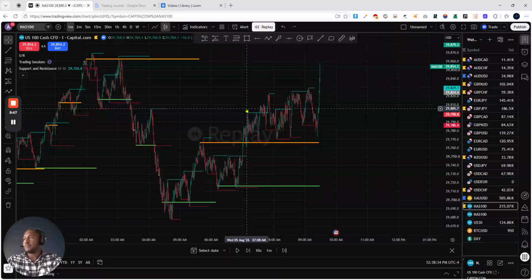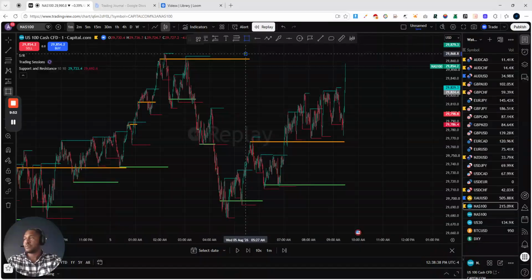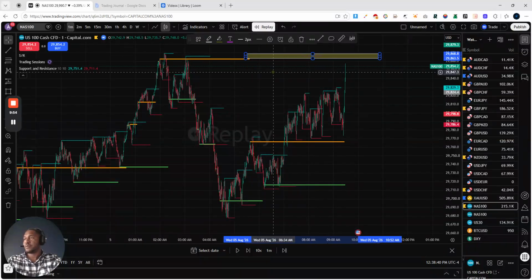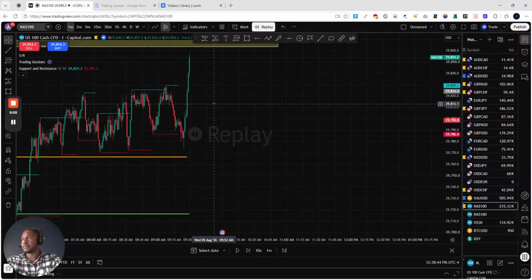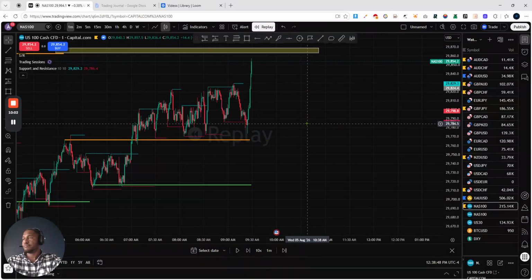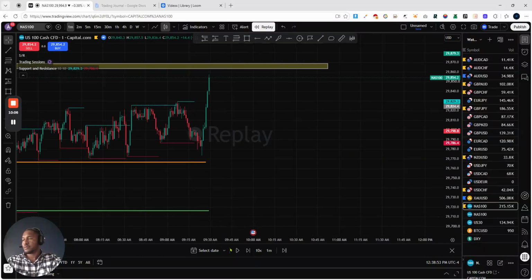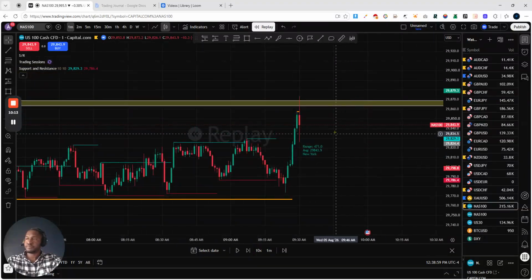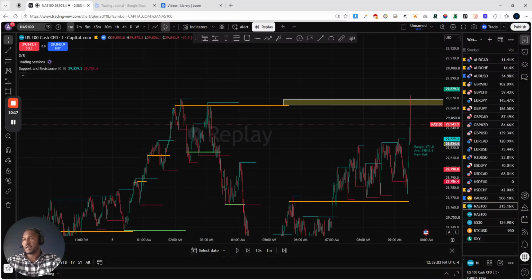So here's a zone. Every time we get to the zone, it looks like we've sold. So I'm waiting for the price to get here, and I'm waiting to get an engulfing candle to the downside. Other than that, let's see what happens. Okay, price came, we touched the zone, we rejected it, the same as here and here.